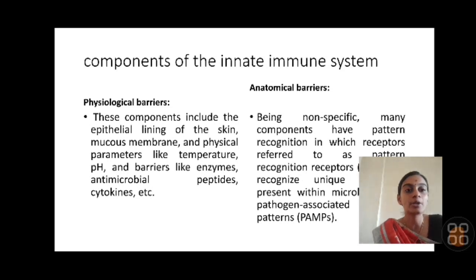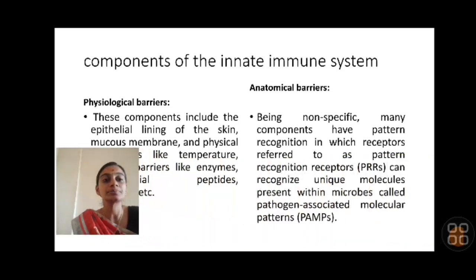Whereas the second component forms many patterns of recognition, in which receptors referred to as pattern recognition receptors can recognize unique molecules present within the microbes called pathogen associated molecular patterns, that is the PAMPs.